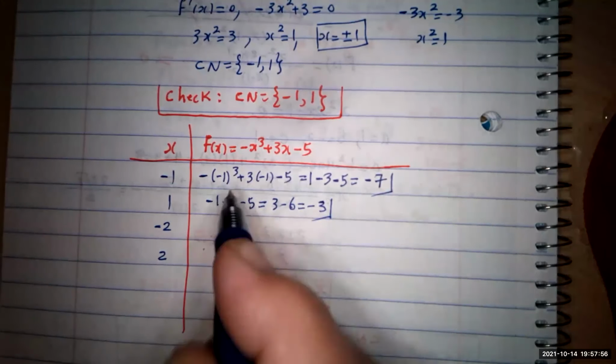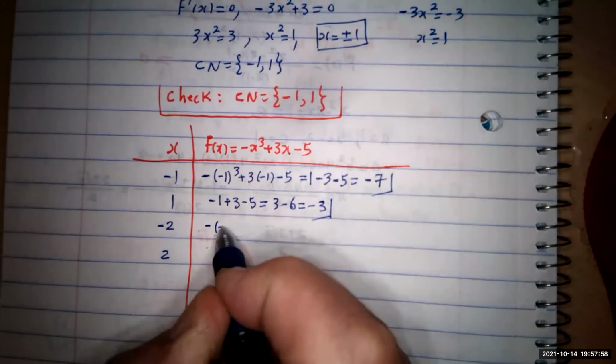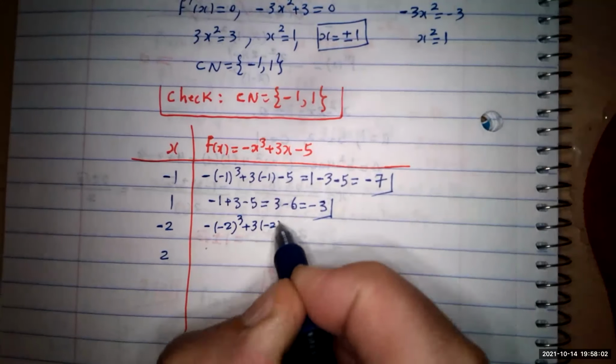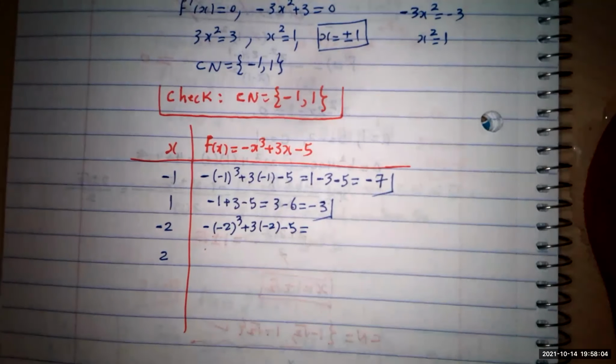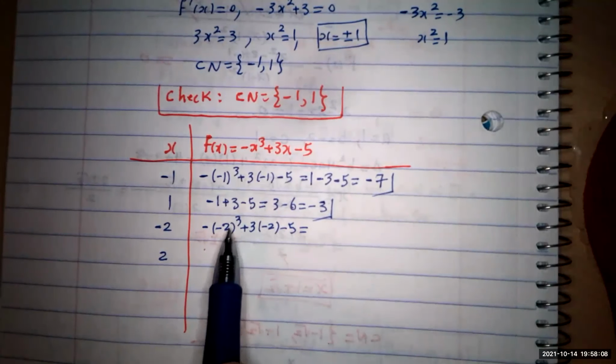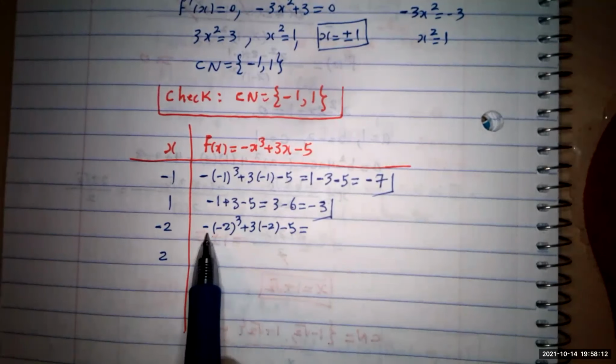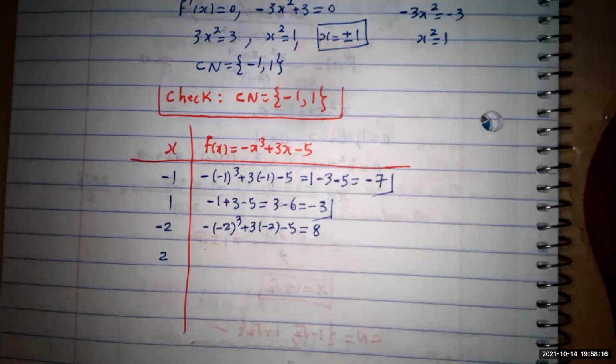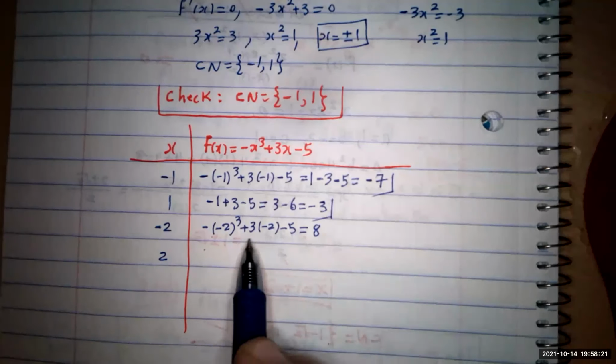Check -2. Substitute -2: -(-2)³ plus 3 times -2 minus 5. -2 to the third would be -8, but there is a negative outside, making it +8. 2 times 2 times 2 would be 8. And over here, positive times negative would be negative.